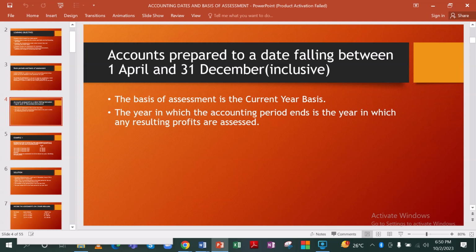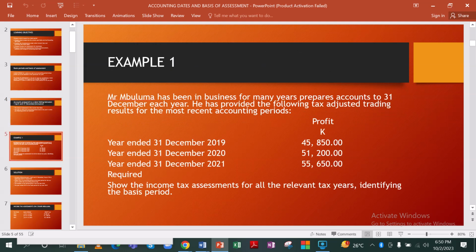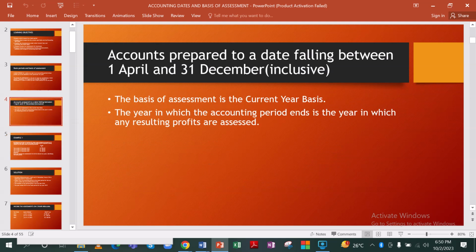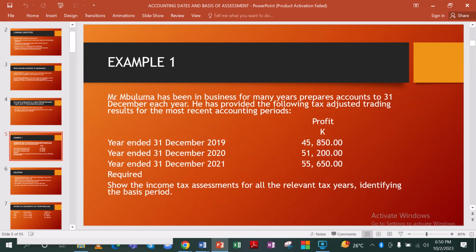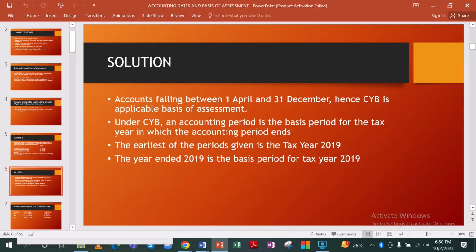In this example the year ends at 31st December, meaning it complies with this rule, which requires us to use current year basis, because 31st December falls within this interval, 1st April to 31st December inclusive. So we are comfortable to proceed and use the current year basis.